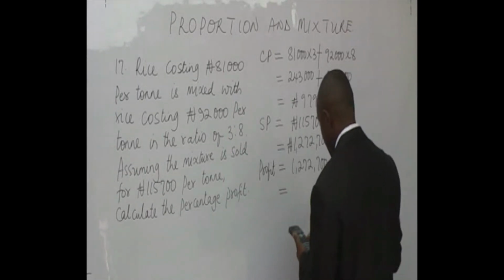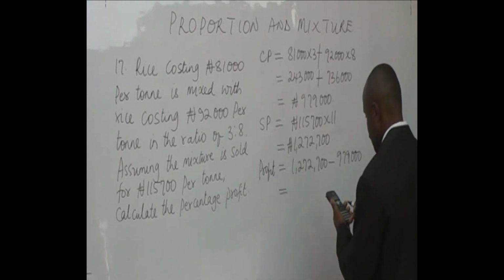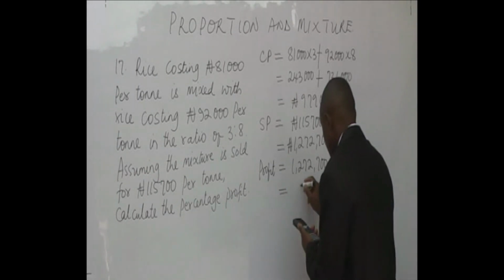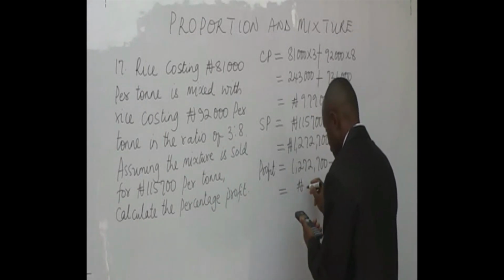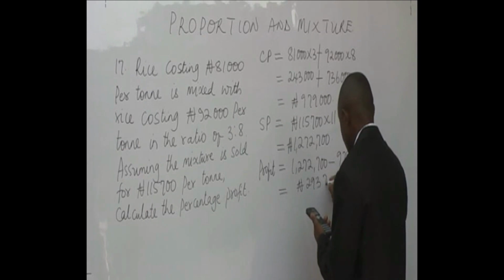Whatever it gives us is our profit. So let's see. 1,272,700 minus 979,000 is giving us 293,700.